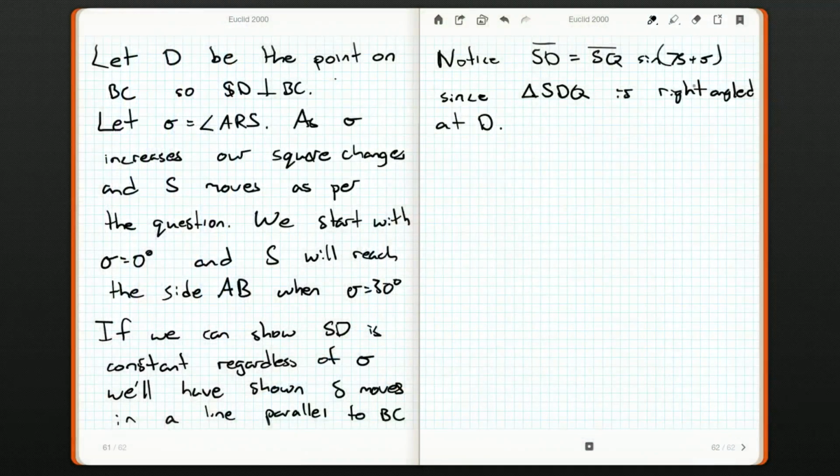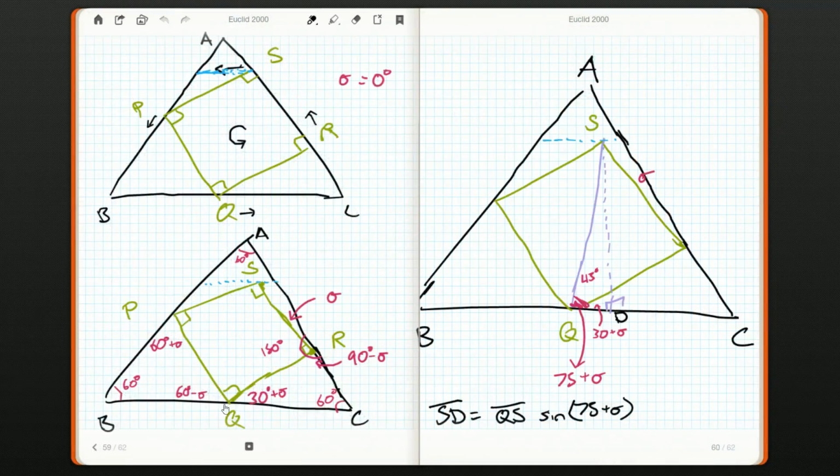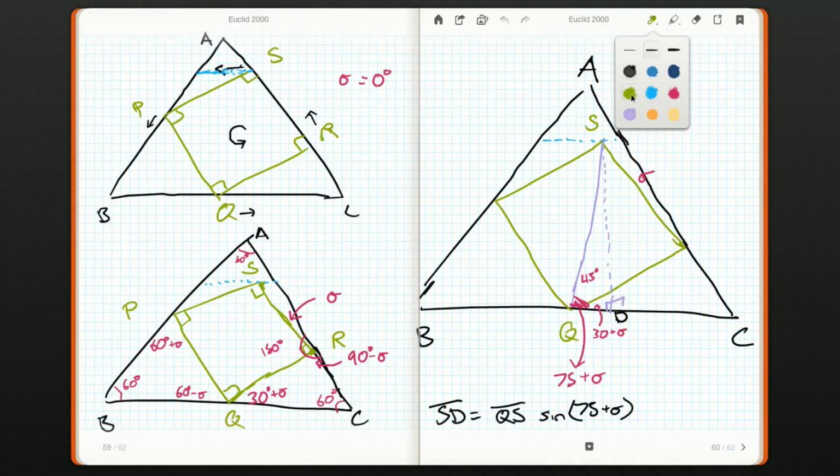Okay. So what do we know? Well, let's go back and look at our picture. I don't want to draw it out for a fourth time if I can help it. All right. Let's add in the points P and R. Okay.